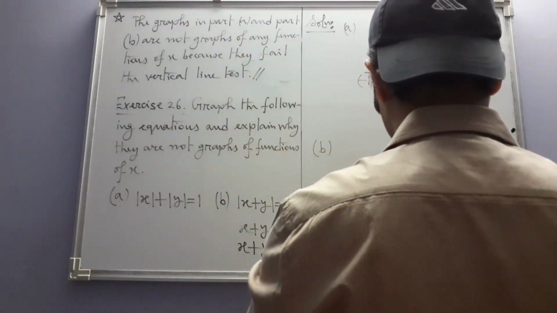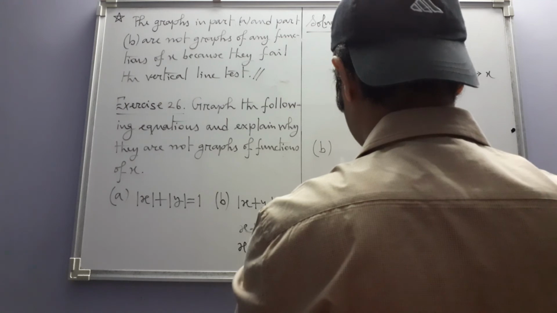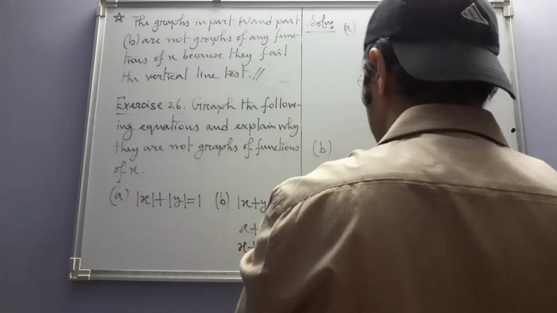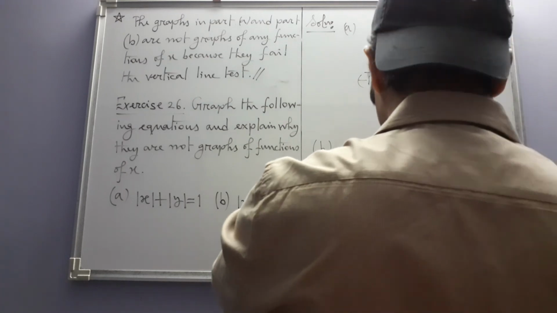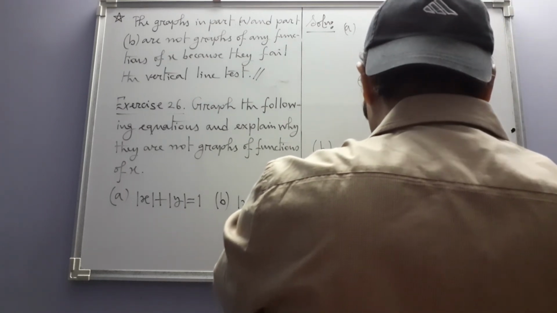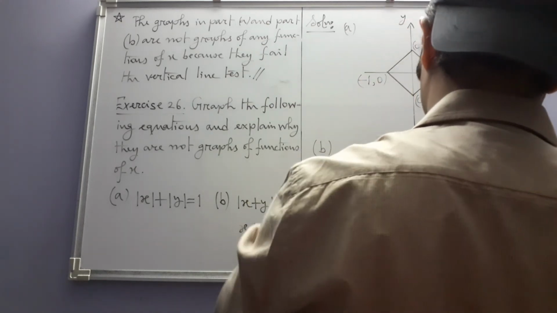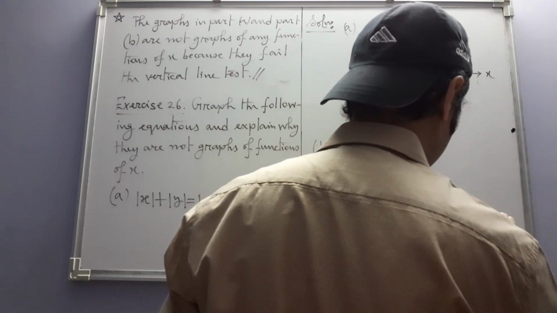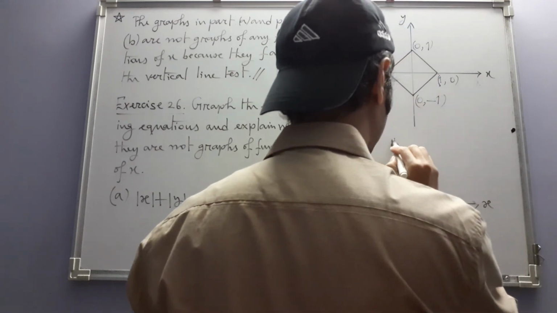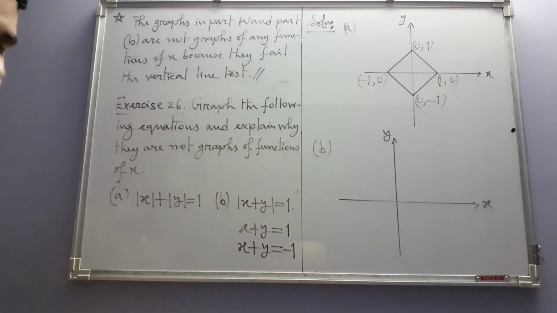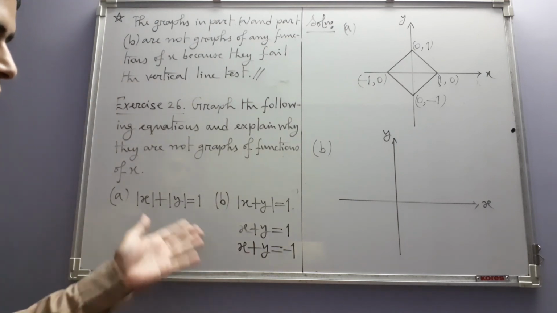So we just have to draw those two straight lines. And because the equation is at once representing two straight lines, both the straight lines collectively form the graph. Okay, not any one of them at a time. Together they form the graph. So it's also a broken one with two disconnected parts.